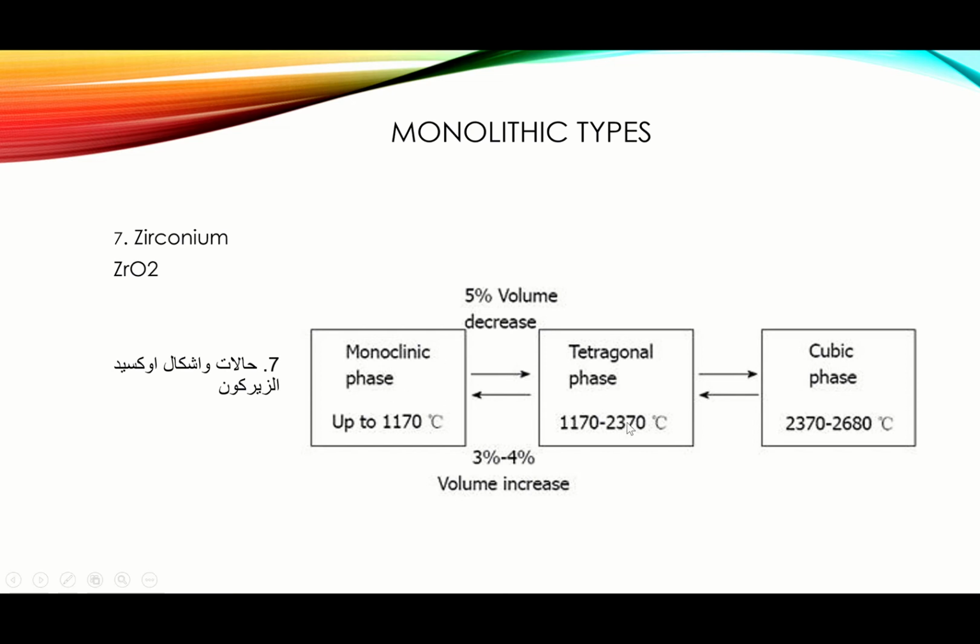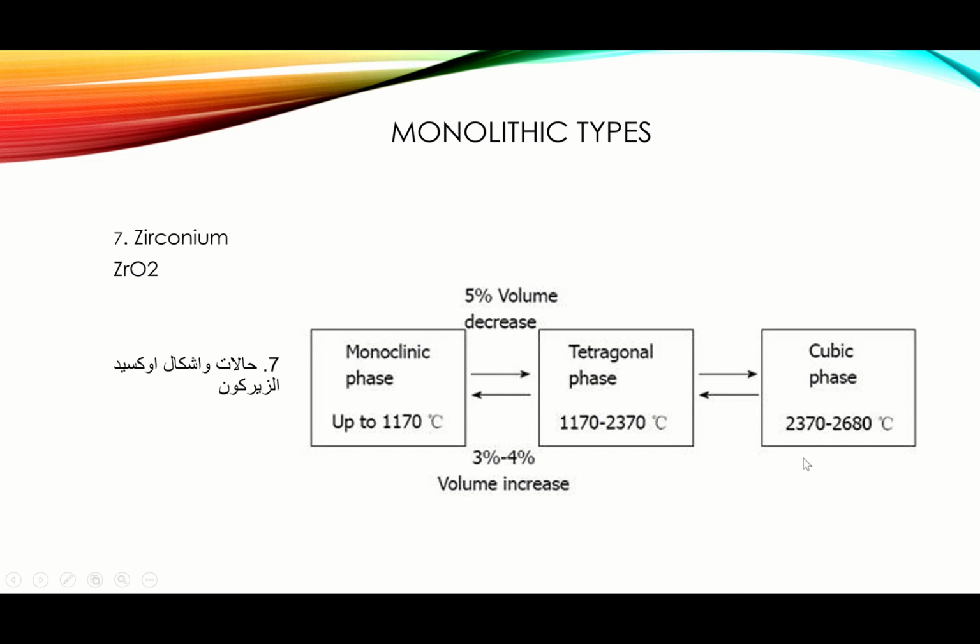It will get a different shape, which is tetragonal. When you heat it up above 1170, let's say between 1170 and 2370, in this range of heat for zirconium, the molecules will look tetragonal, all right, which is very desirable for us. And then if you heat it further, it will go from tetragonal phase to cubic phase, between 2370 and 2680.